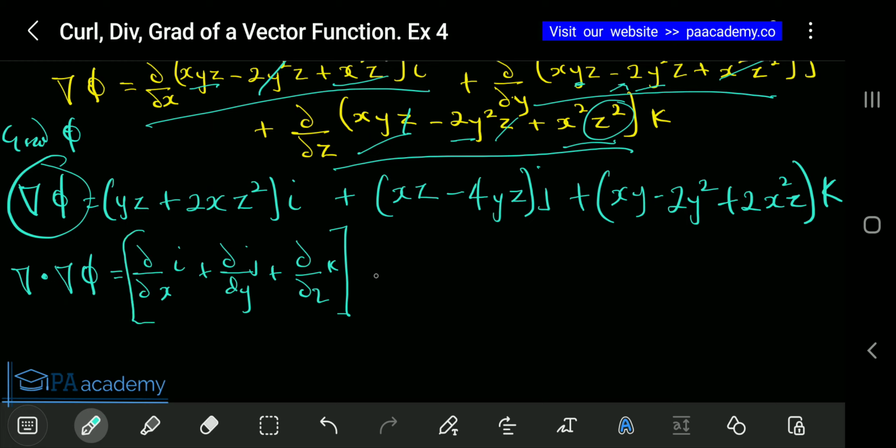So we use that to do the dot product of this entire one here.